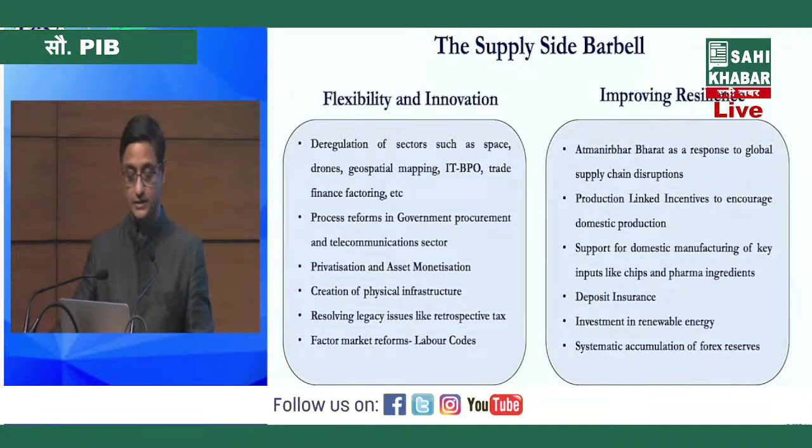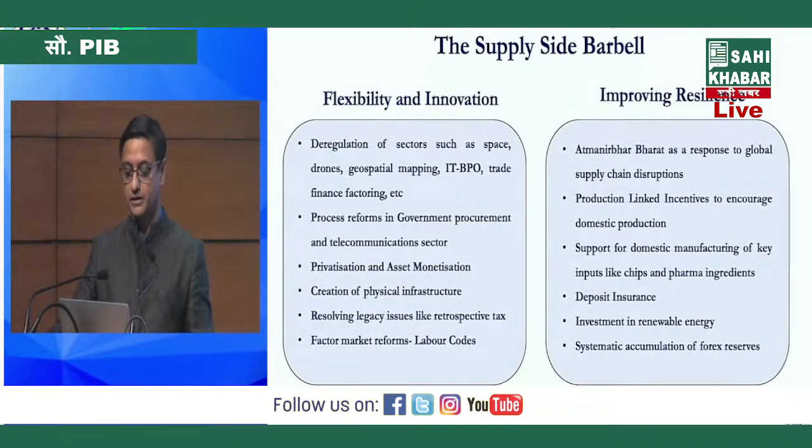Incidentally, there's a whole section in the economic survey box on this issue. But obviously, this is what Atmanirbhar Bharat is about. It's about resilience. It's not a return, let me repeat, to socialist era import substitution. There is very different thinking behind this, and I want to emphasize that.